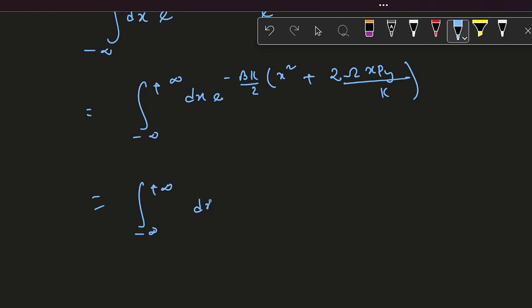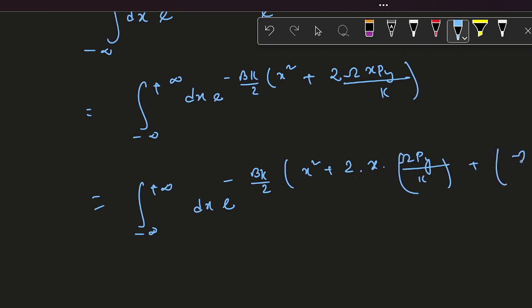Now how can we further reduce that? You will express the exponential power in some whole squared format. How to do that is basically you take x squared plus 2 times x, and write it as x squared plus 2x into some y. So what will be your y? This is your omega py by k, as if this is the 2ab form, and the b squared part will become omega py by k whole squared, because you have to adjust for that since you did not really have this term, so you adjust by omega py by k whole squared, taking a minus sign.